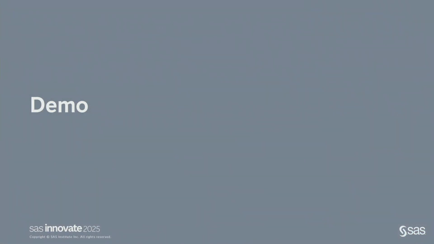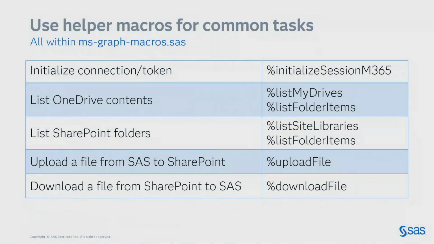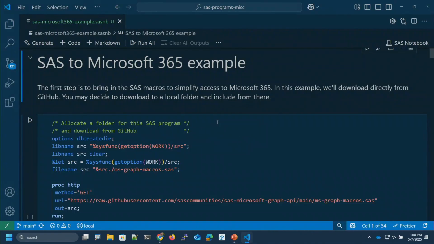All right, let's take a quick look. So here I have, let me get out of my presentation. All right. This is a SAS notebook that is in my Visual Studio Code.